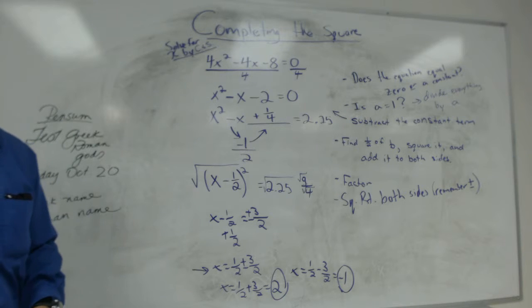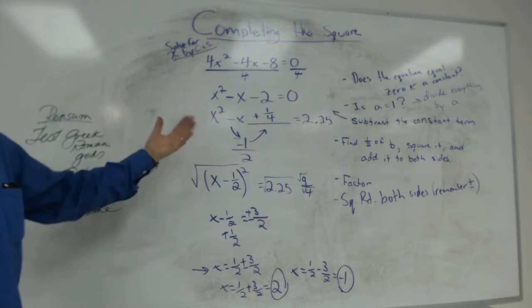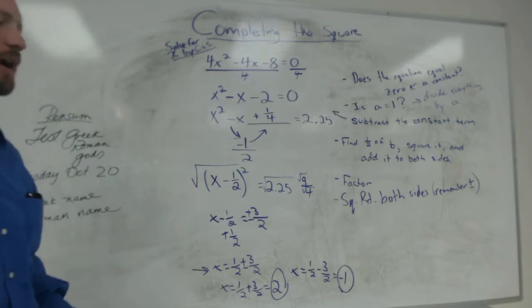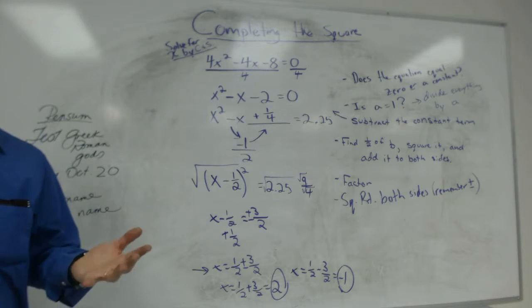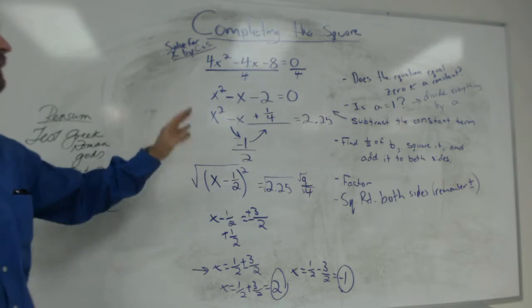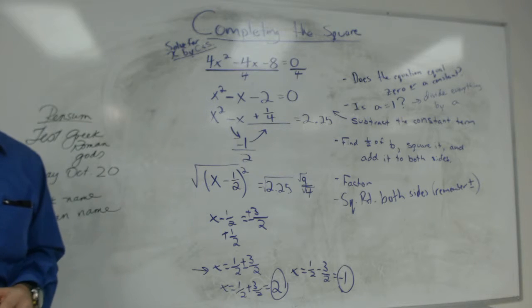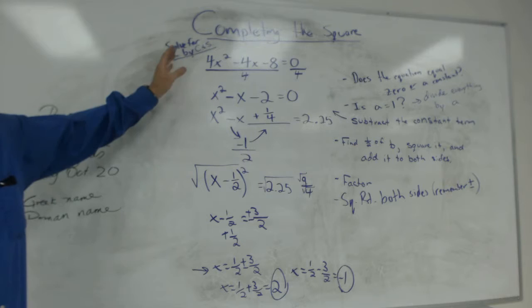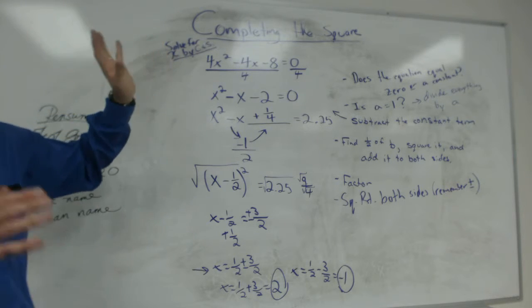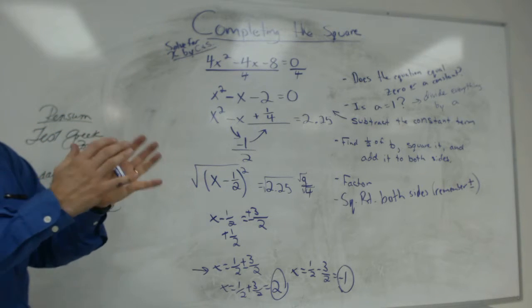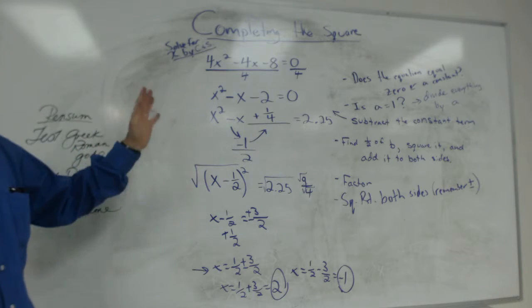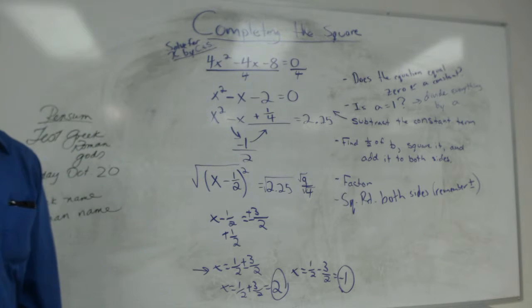The reason is that people said, why are we going to do this crazy process over and over? And they derived a formula that totally bypasses completing the square. And we'll do that by the end of this week. So outside of the context of studying algebra, I would never use completing the square.